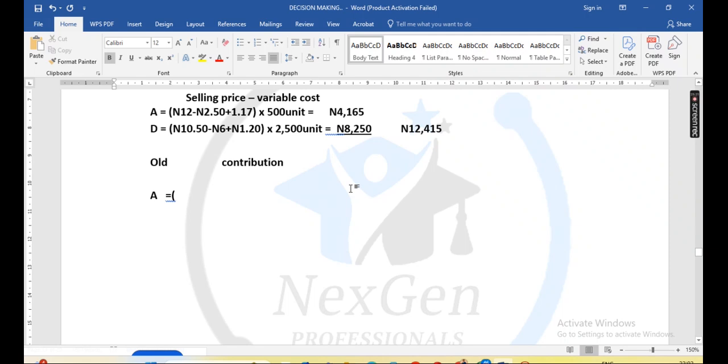So what is the old selling price for A? 10 naira per unit, right? Minus, what is the first variable cost that we have? Variable cost of sales per unit. 2.5.